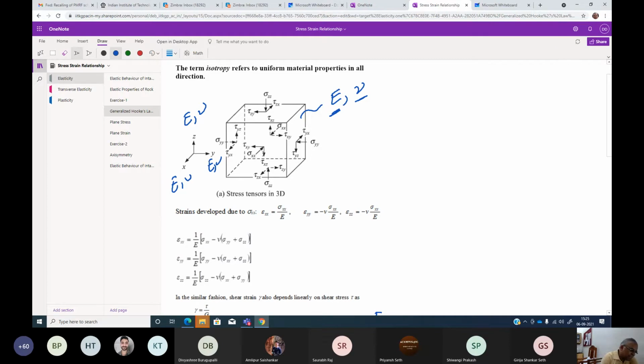So I now consider the x direction. I'm looking at the strain in this direction, so that is my epsilon xx. Definitely by Hooke's law, I will say this is sigma xx by E. This is my strain in the x direction.